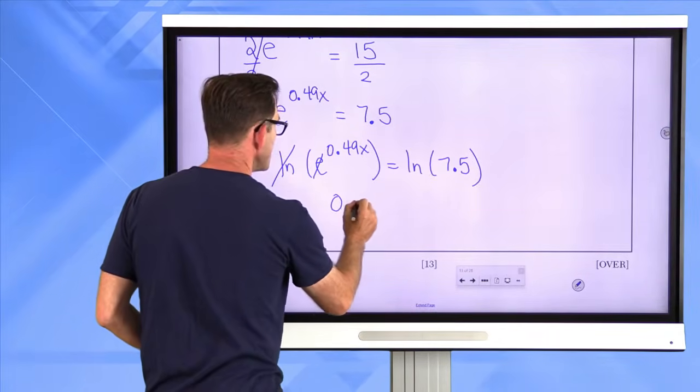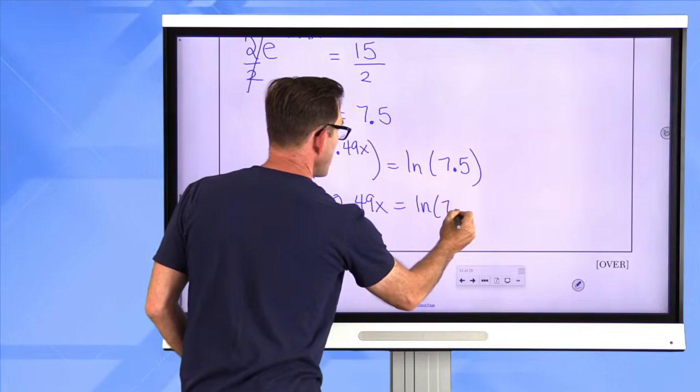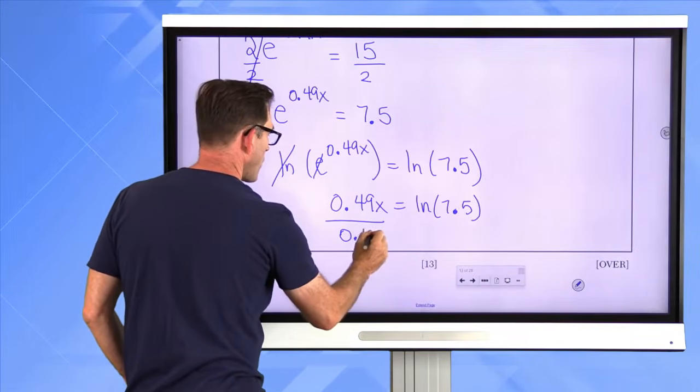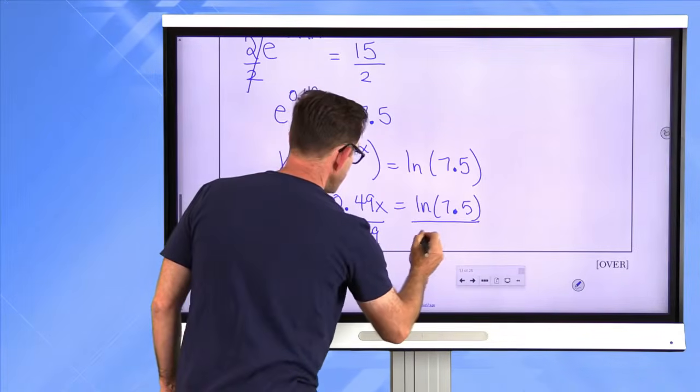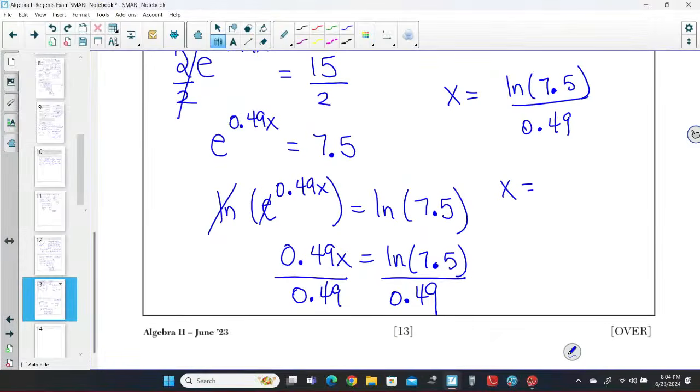So we would get 0.49x is equal to the ln of 7.5. And now I will divide by 0.49 on both sides. Not by 0.49x, by 0.49. So x will now be ln of 7.5 divided by 0.49, and that is just calculator work, right?